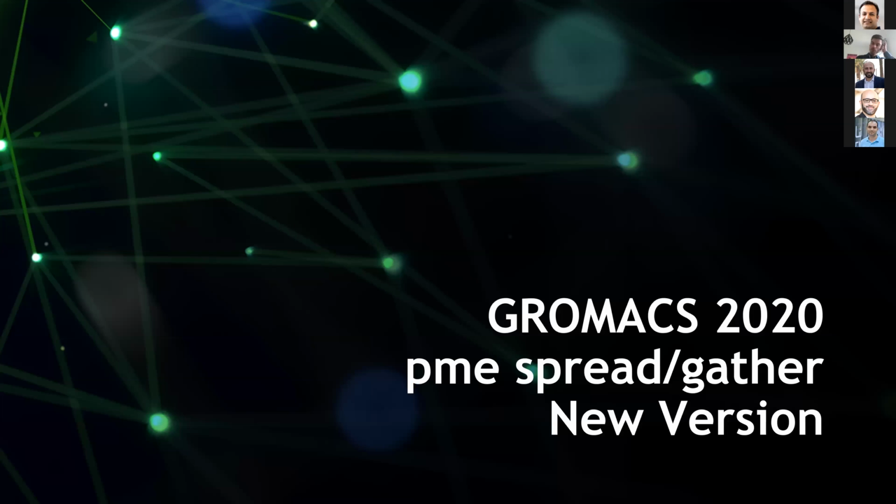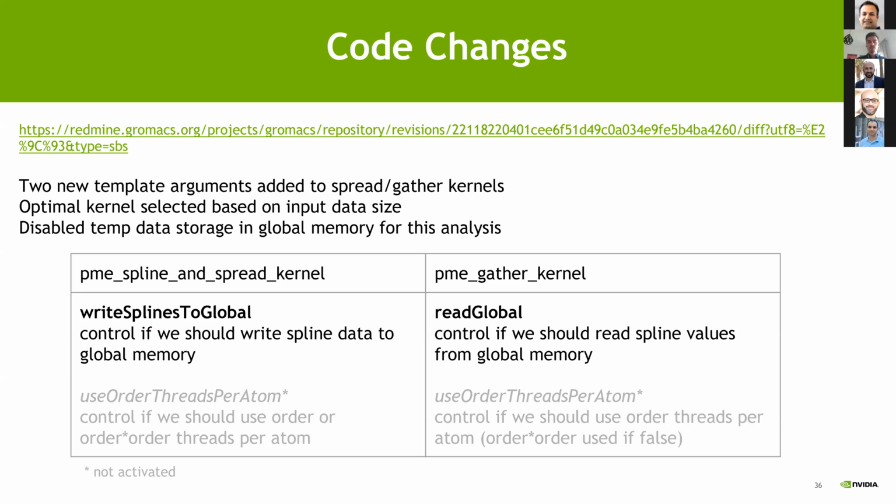Okay, so looking into the optimization, I'm not going to do the optimization here. That was done by the application expert in this case. But the idea was to not write this temporary data to global memory and then read it again in the gather kernel, but instead recompute it in the gather kernel.